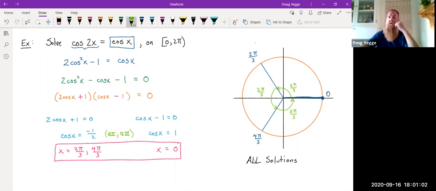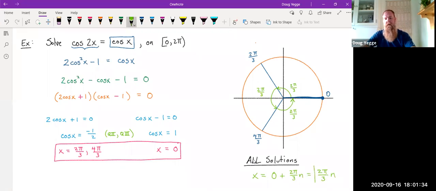So because we were able to get to every single angle by just continuing to add the same exact angle of 2 pi over 3, I know that the solution for x, when I write it in terms of all solutions, will be x equals 0 plus 2 pi over 3 n. But if 0 is one of my answers, I really could just write it as 2 pi over 3 n.